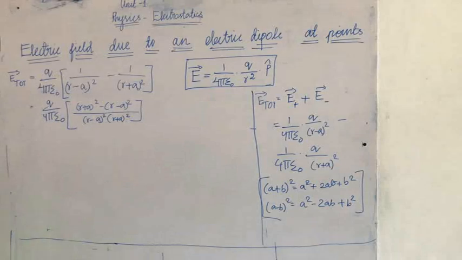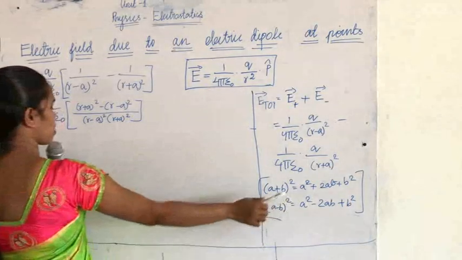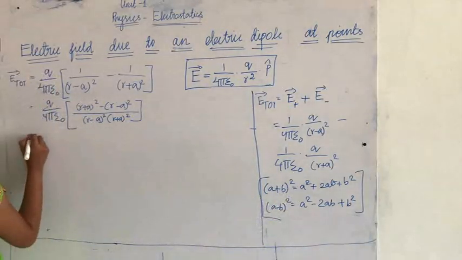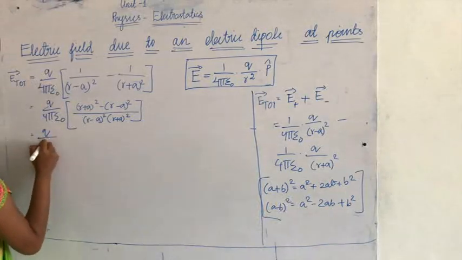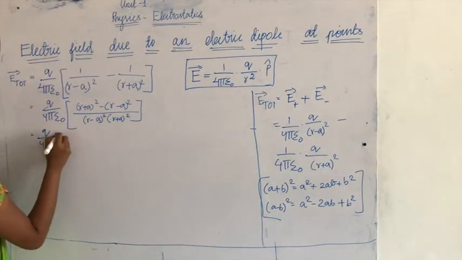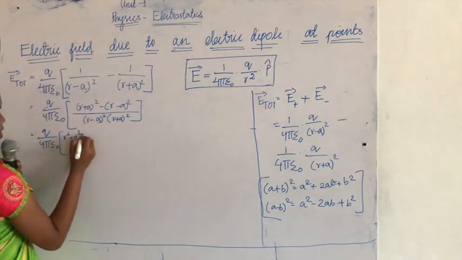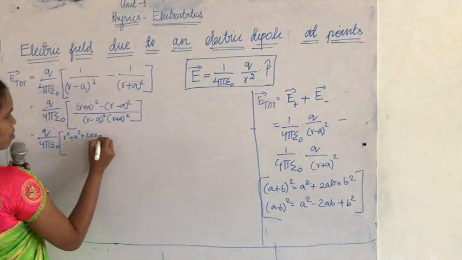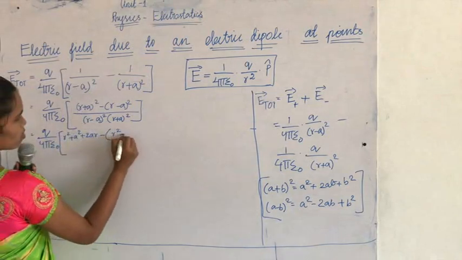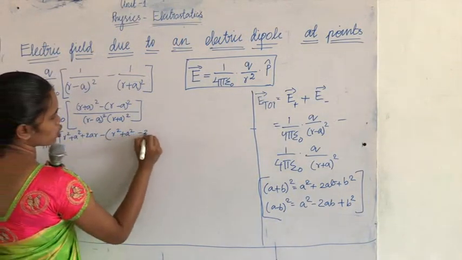Now you apply this formula. q by 4 pi epsilon 0, r square plus a square plus 2ar minus of r square plus a square minus 2ar.